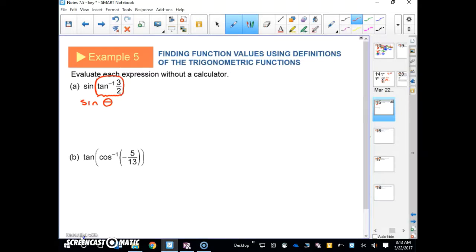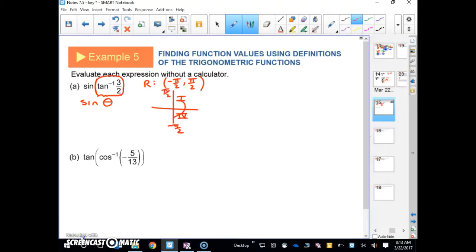So for tangent, I know tangent is defined in quadrants 1 and 4. Remember the range? The range for tangent was -π/2 to +π/2, which is defined in quadrants 1 and 4. From -π/2 down here to +π/2 up here.